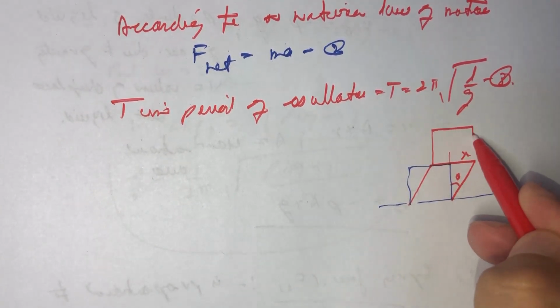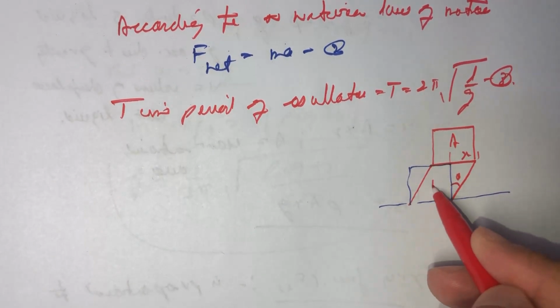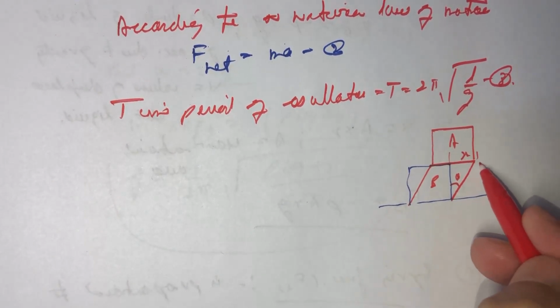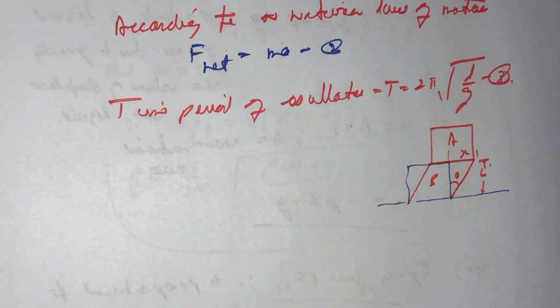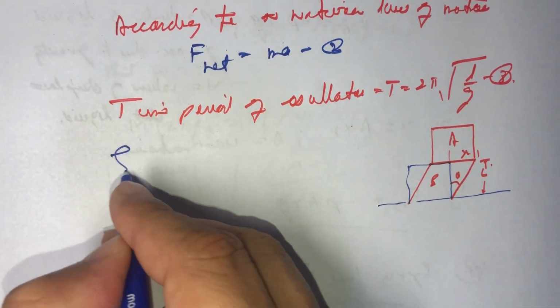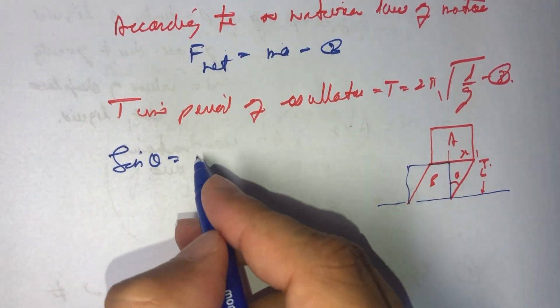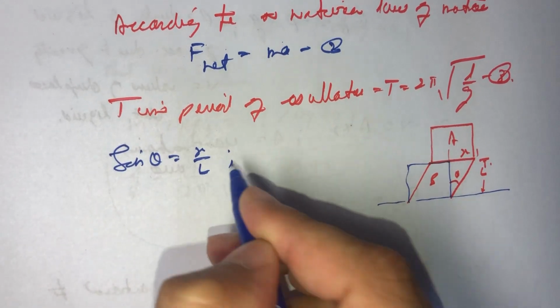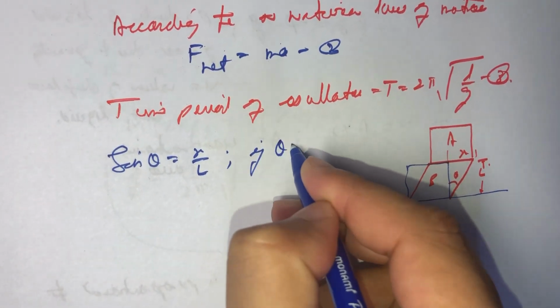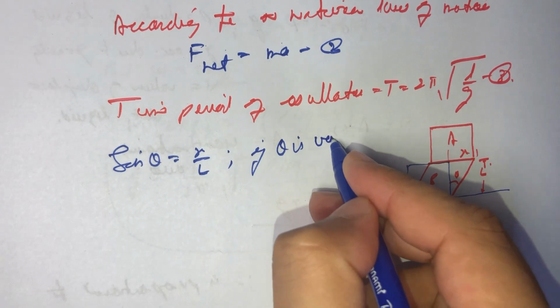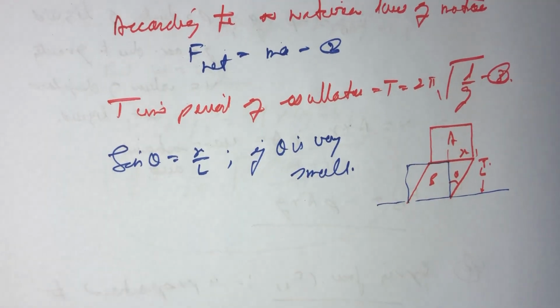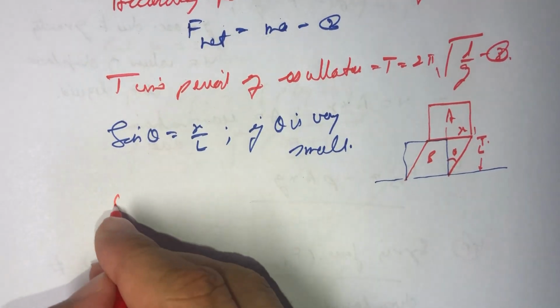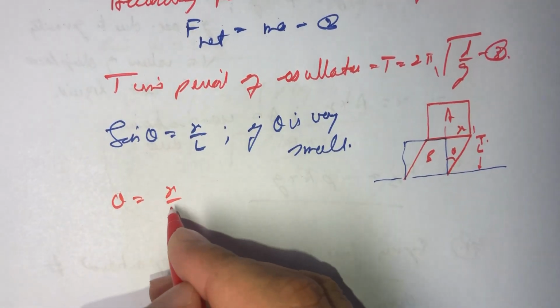A is our fixed body, this is A, this is B, and we are given L as its side. So we can say sine of theta will be equal to x upon L, and if theta is very small, then theta is equal to x upon L.